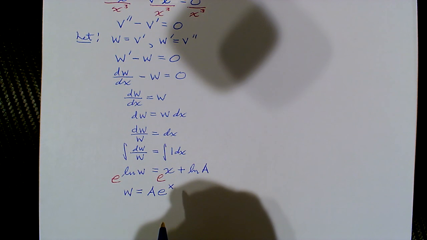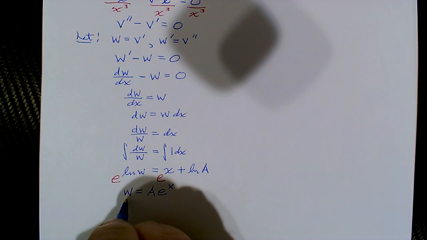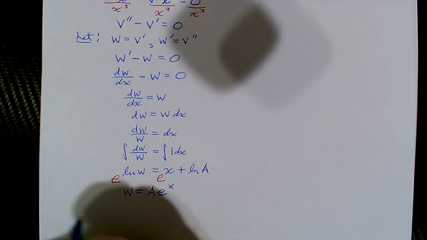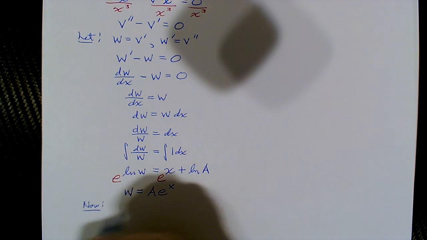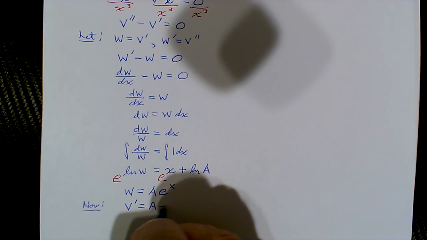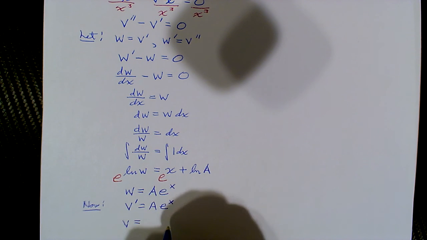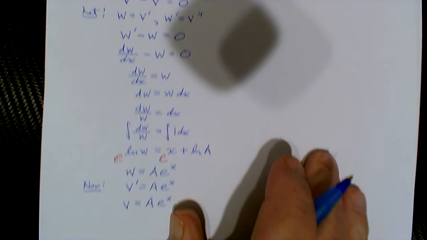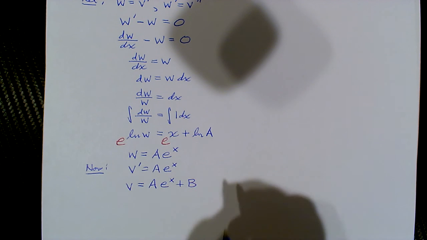And then, since v prime is w, so let me say now, v prime is a e to the x. And then if we integrate to find v, well, integrating e to the x, we get e to the x, the a tags along, but then we'll add a constant that we're going to call b.